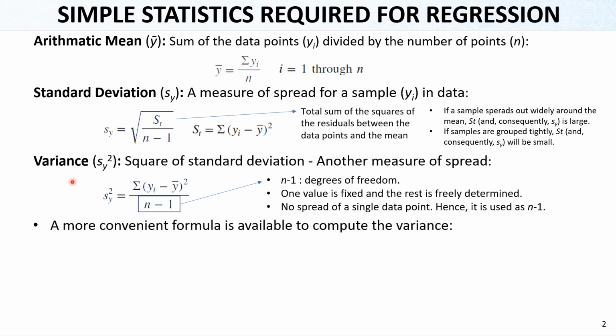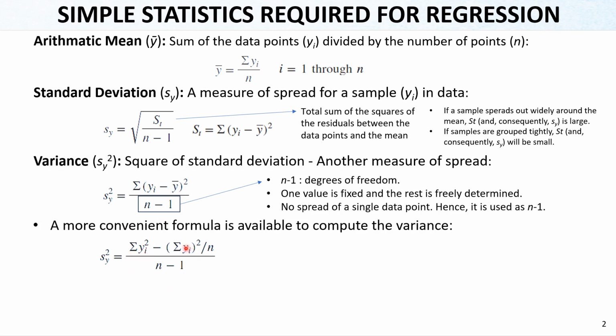Another formulation of variance, a more convenient formula to be able to do the calculations efficiently, is this. This is somehow different, but it is about the same. The only difference is that instead of having the square after the parentheses or after subtraction, we have the squares of the data and sum them.